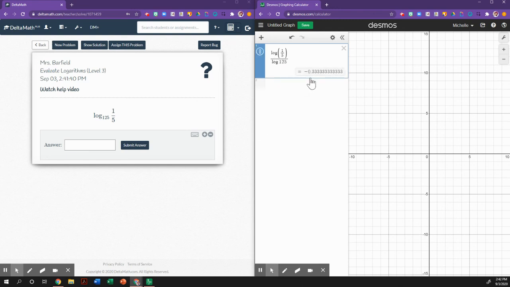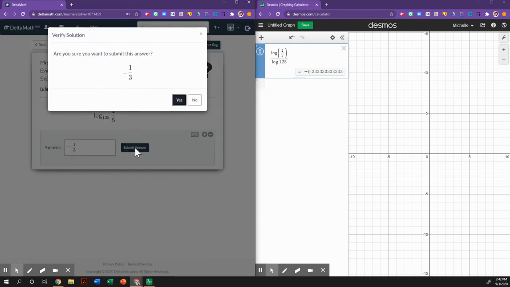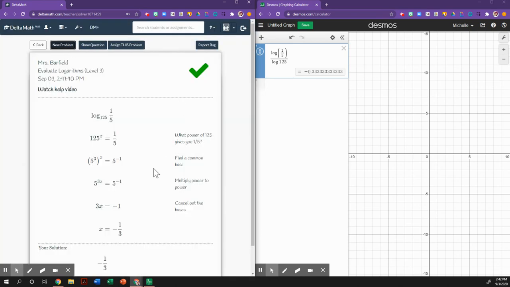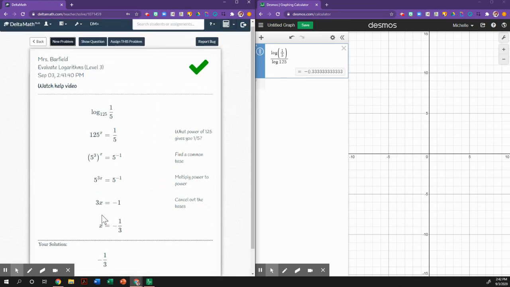And that's -1/3. If you are using Desmos, you may need to take that decimal and convert it to a fraction. So that is -1/3. There we go.